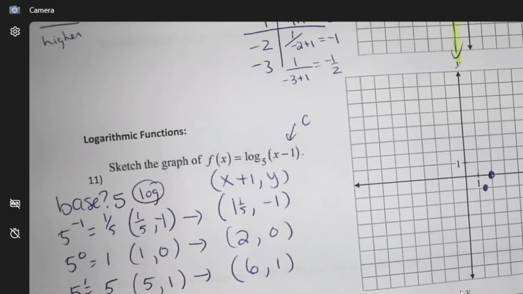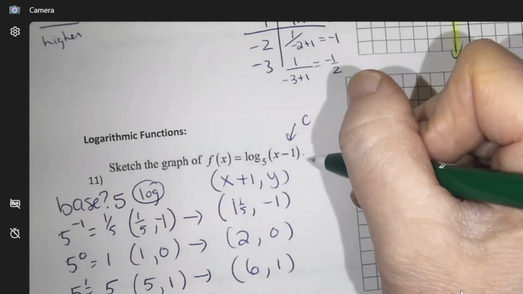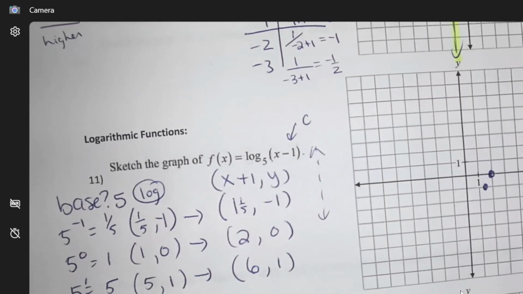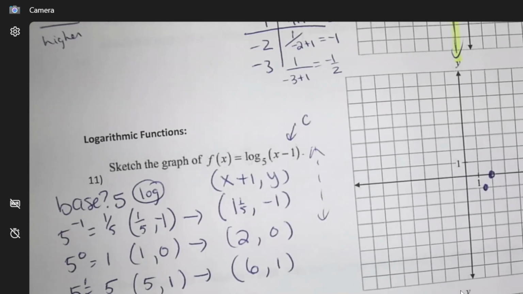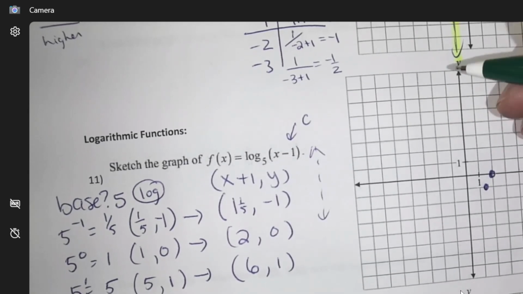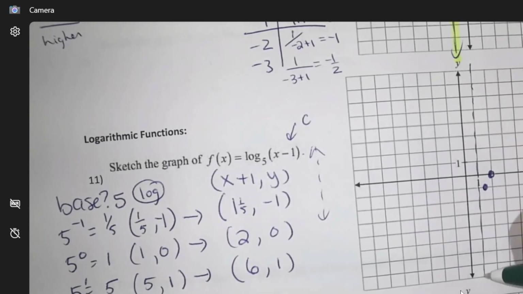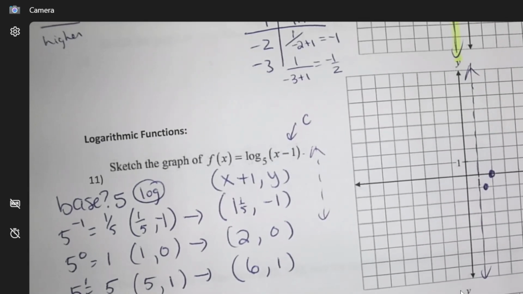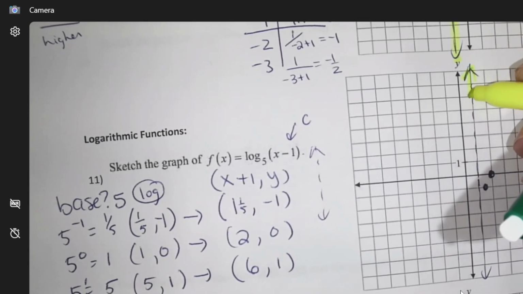And what do we know about log graphs? They have to have a vertical asymptote, and we should put that asymptote at 1. What do you know about the result of a log?